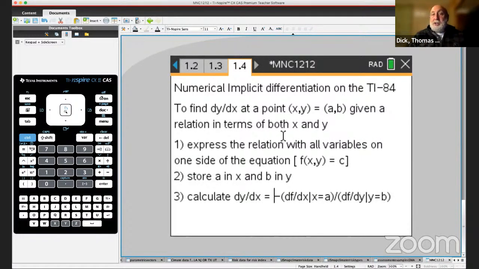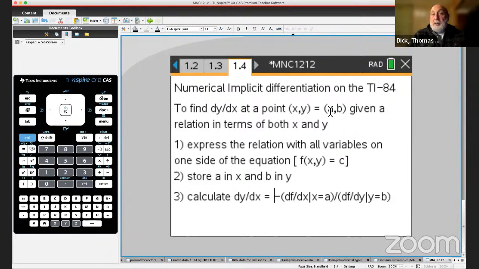What you need to do is, first of all, if your relation is not already this way, you want to express your relation by getting all the variables on the one side of the equation. So what you'll end up with is something in terms of x and y equals a constant. And very often, when people are moving everything over to one side, that constant is a lot of times 0. Okay, but it doesn't have to be.